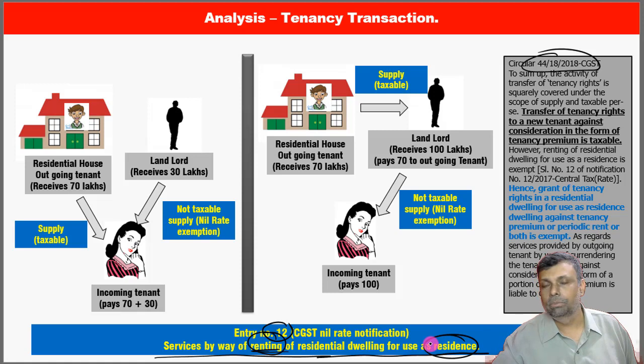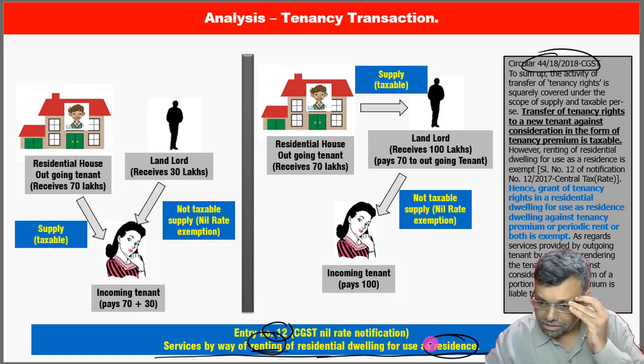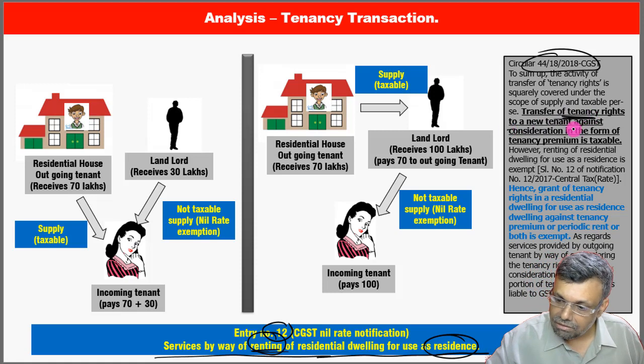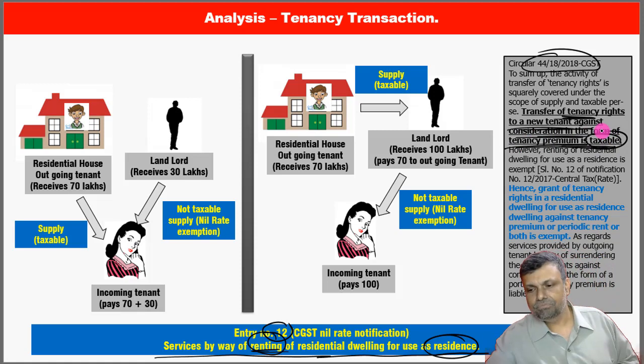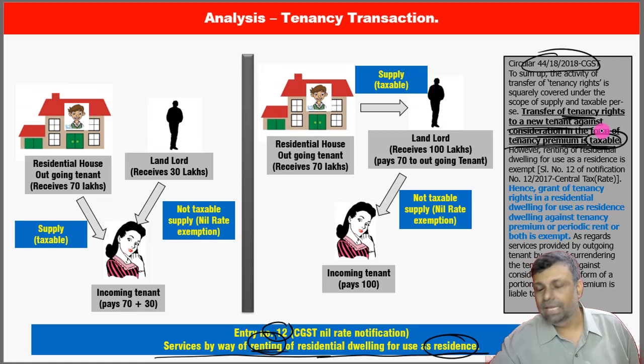That is the first thing that you have to remember. And the transfer of these tenancy rights, if it is for commercial property, will be fully subjected to the GST. And this is one of the points clarified in the circular also. The transfer of tenancy rights to the new tenant against consideration is always taxable. So for commercial property tenancies, the transfer of rights will give rise to GST implications.